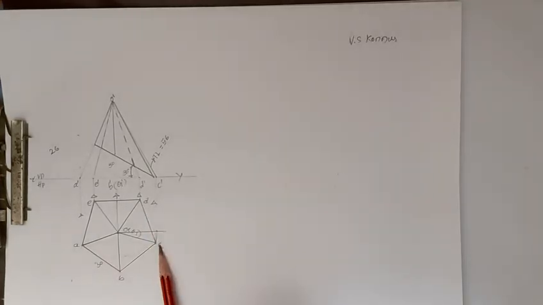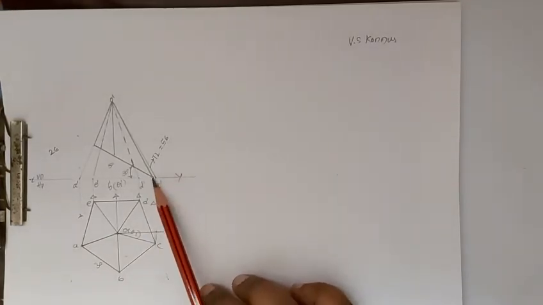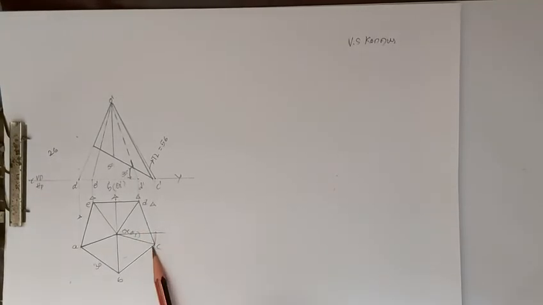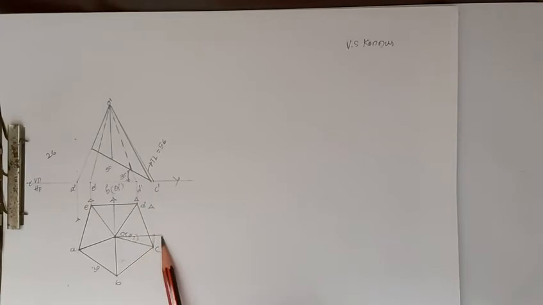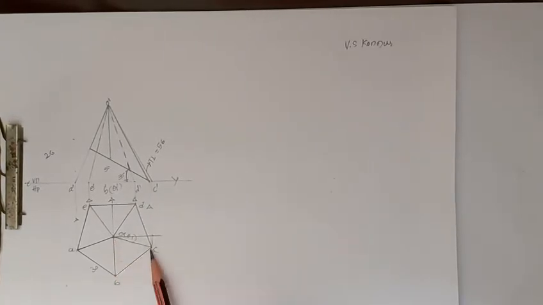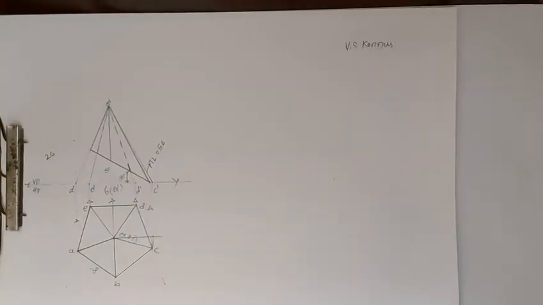If it is resting on a corner, we will get the true length directly as O dash C dash. It is not resting on a corner, so draw a line parallel to XY from O1, then take O as center and C as radius and draw an arc till this horizontal line. From that horizontal line, draw a vertical line till it intersects the XY line. Then join that point to O dash, where you will get the true length.